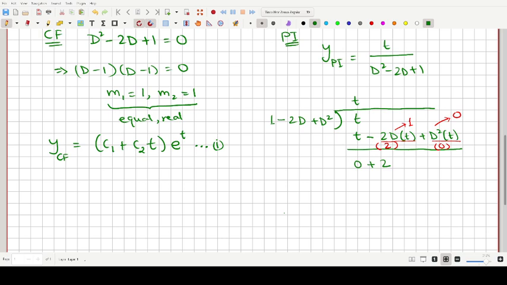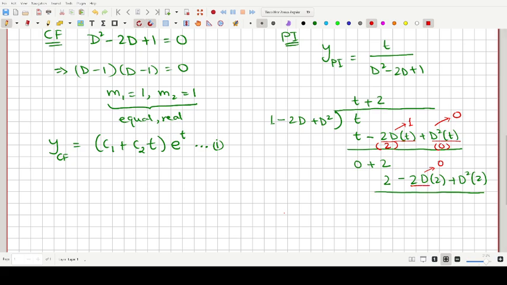For the second step, you see that 1 multiplied by 2 is 2. So we write t plus 2 over here. 2 multiplied by 1 is 2. 2 multiplied by minus 2D gives minus 2D of 2, plus D square of 2, right? Now again, we'll follow the same rule over here, and you can see that D of 2 is equal to 0 because 2 is a constant, right?